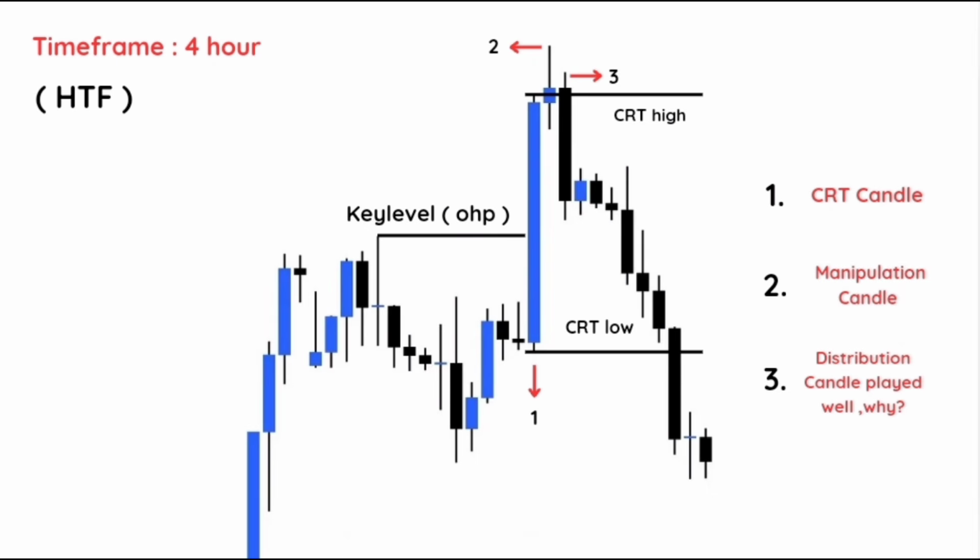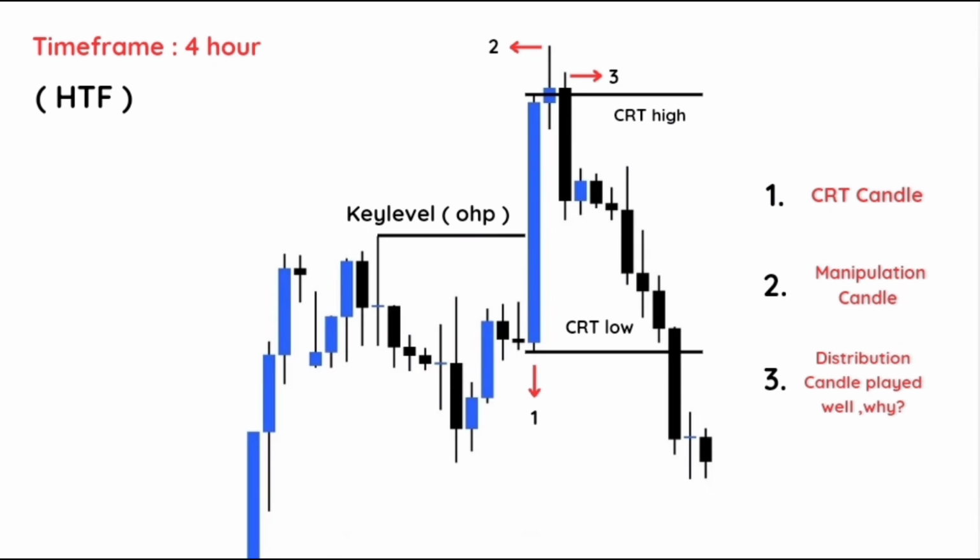Again and again I am reminding you, don't mix TBS and TWS with your HTF, which means higher time frame. On the higher time frame, we have to analyze as usual how we pick our CRT candle with the key level.